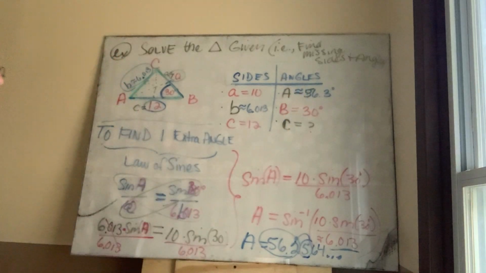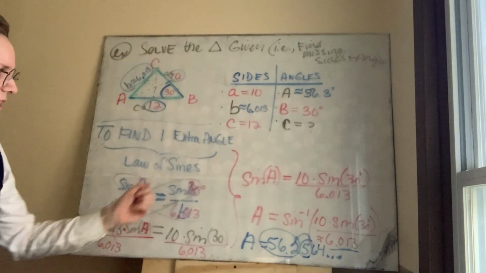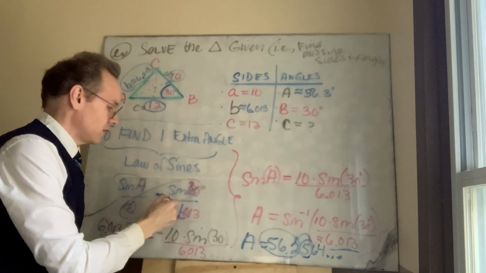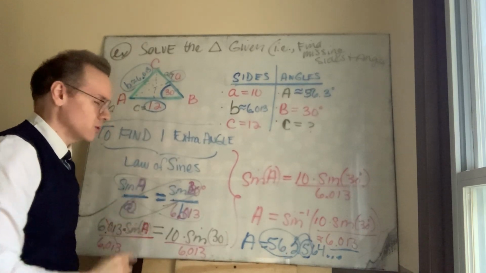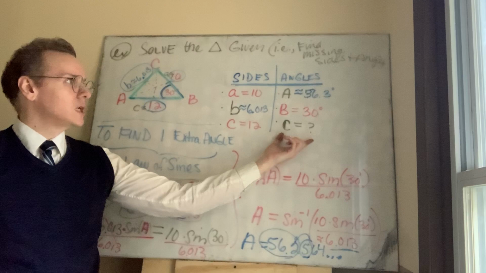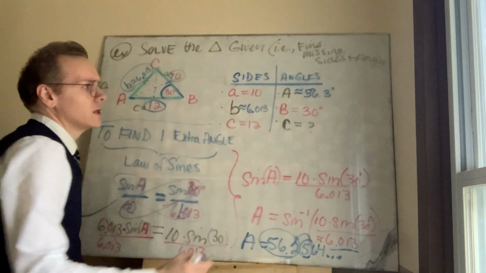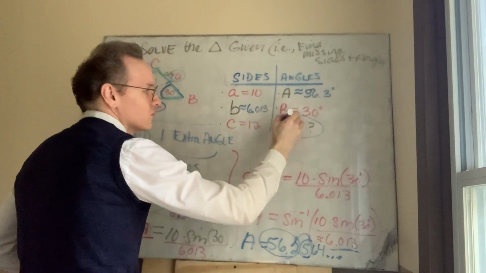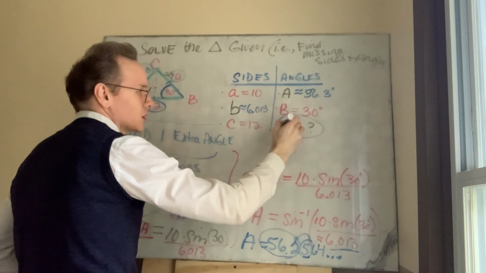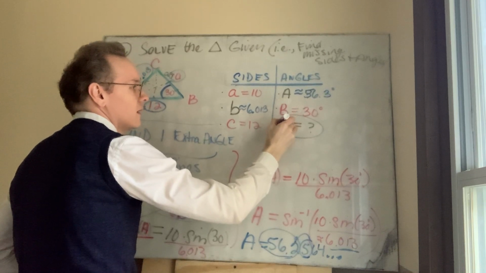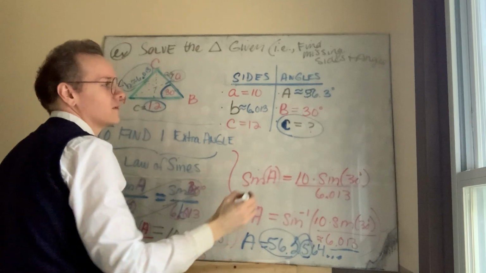And now I could pull the trick. I mean, you could go through the same process again, another law of sines proportion equation to figure C, but I wouldn't. To get C in this case, which looks very stylized, it's like Action Comics font here, that's kind of cool, actually.